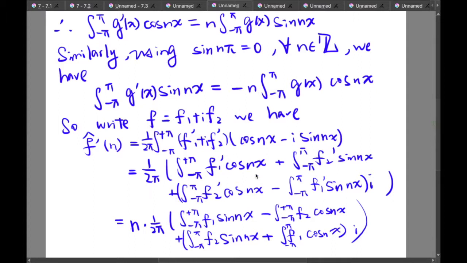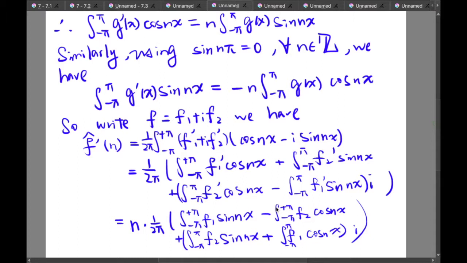Remember, if we want to remove the prime here, we have to multiply both sides by n, and if we are facing sine nx, then we take a negative. So such an expression becomes the next line. Recognize something: if we take out a factor i, we will recover the term f hat n.